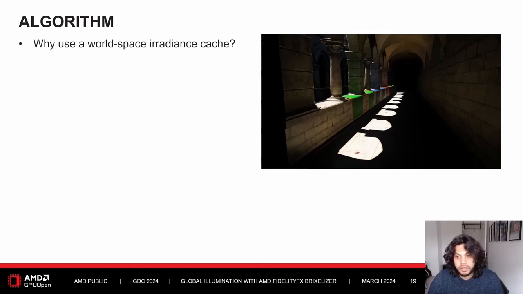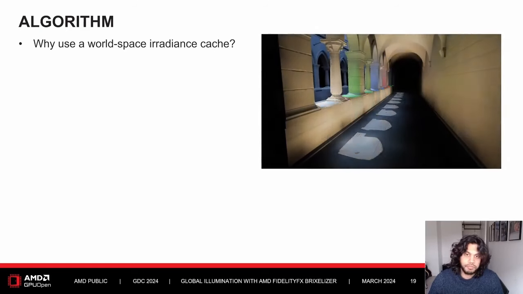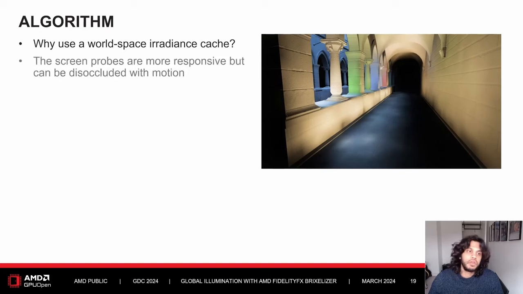But if we have screen probes, why have a world space irradiance cache? While the screen probes are responsive, they can also be noisy if there is a disocclusion, as the probes have to restart accumulation from scratch, which leads to boiling artifacts.